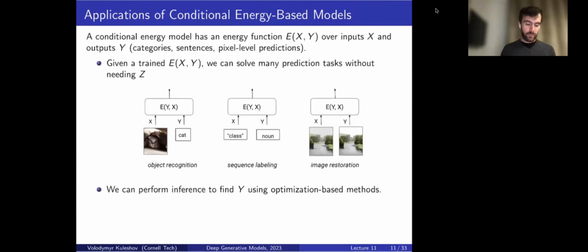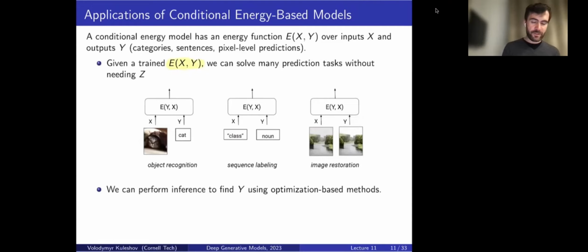For example, maybe we're interested in object detection or object recognition, or maybe we're interested in assigning labels to elements of a sequence. Let's say we want to do part of speech tagging or something like this. Then we can solve a lot of these tasks, again, without using the normalizing constant.